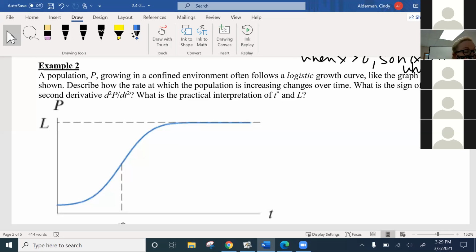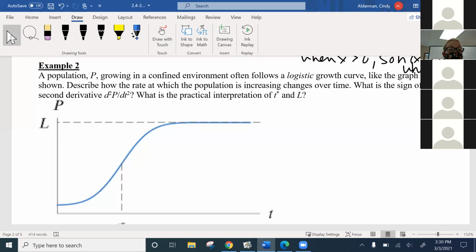Okay, so here's an example. A population growing in a confined environment often follows a logistic growth curve. So we're confined, right? We're confined on Earth, right? So that's why. Wait till you see the video. It's really very interesting. Describe how the rate at which the population is increasing changes over time.